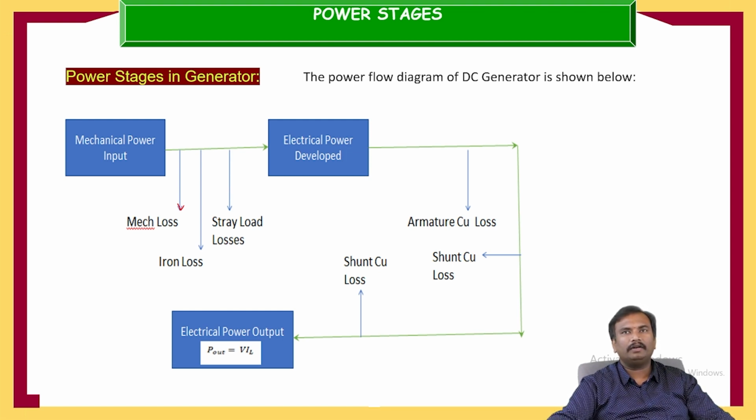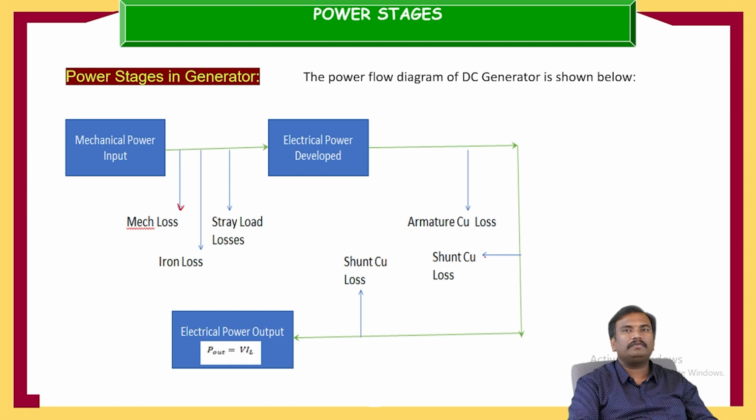Once the electrical power is developed, some current will start flowing in the armature. Because of that current, the armature is going to experience some heat. That heat is nothing but the armature copper loss. Along with this, we are going to generate some voltage in the field winding also.